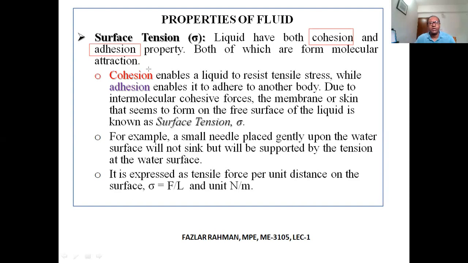So let's explain again: cohesion enables a liquid to resist tensile stress because they always like to stay together. The bonding is strong, so even if you put something, they will carry that load.